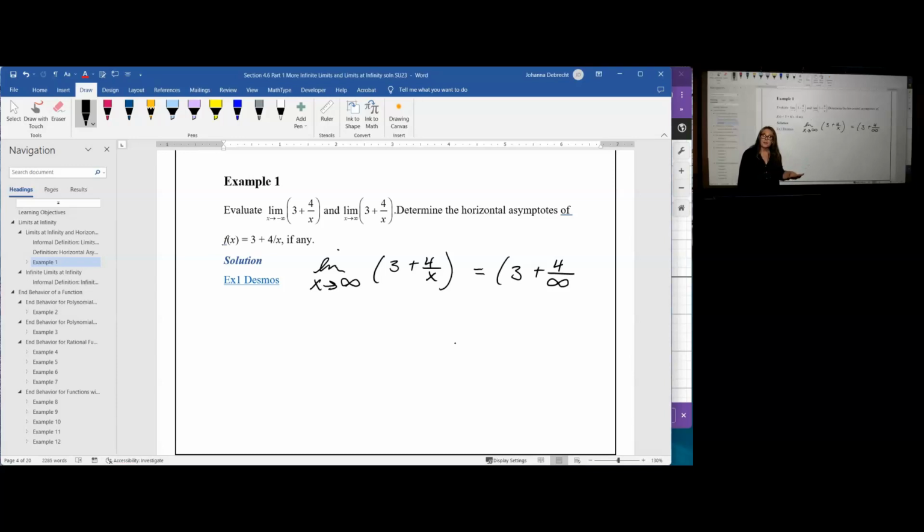The larger the number, the smaller the fraction 4 divided by that number is. In fact, 4 divided by something approaching infinity is approaching the value of 0. This means that a constant divided by something approaching infinity goes to 0, as we saw in the previous section.